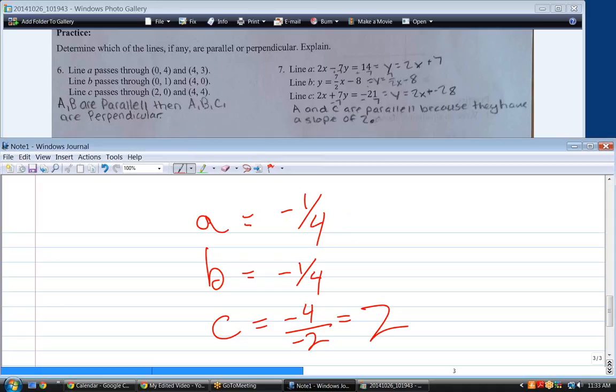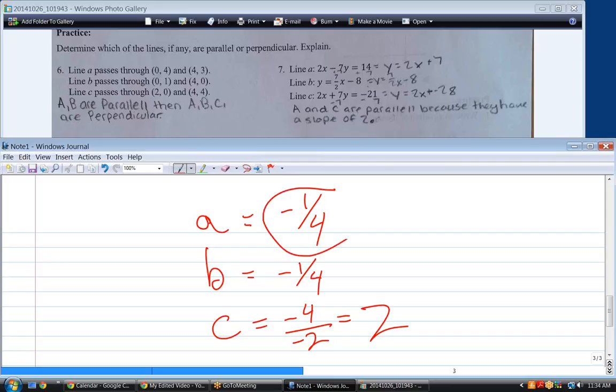Which of the lines are parallel, perpendicular, or neither? So A and B are parallel, and then just C would be perpendicular. No. Perpendicular is the negative reciprocal.